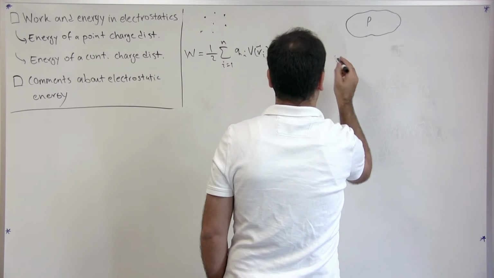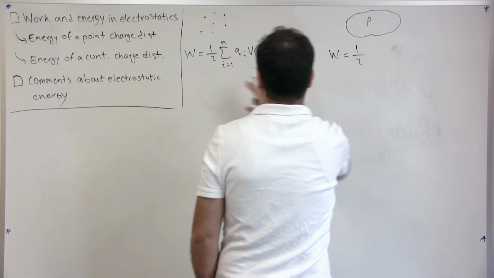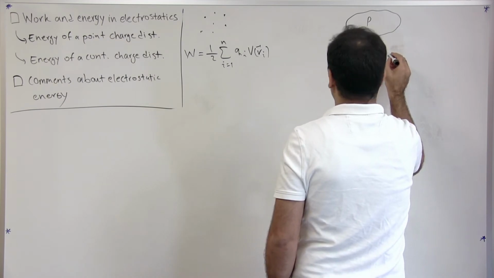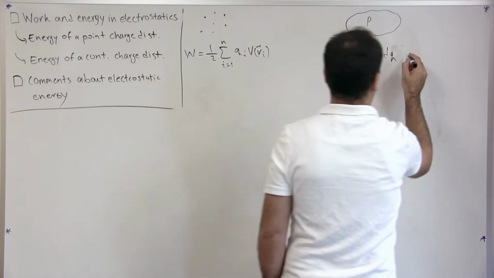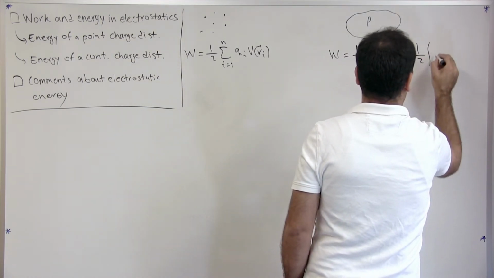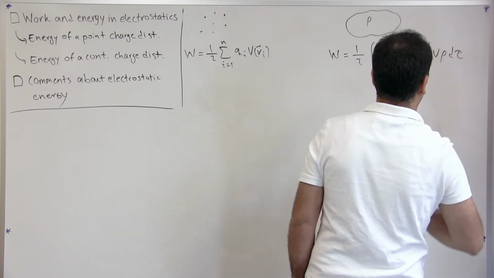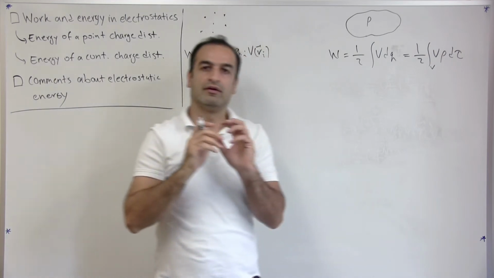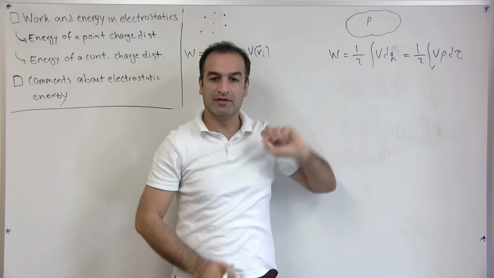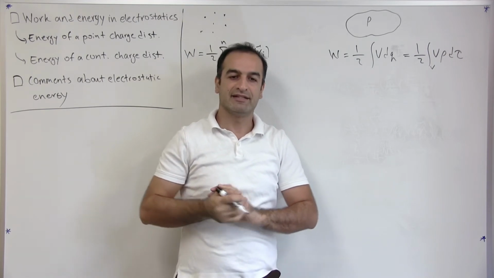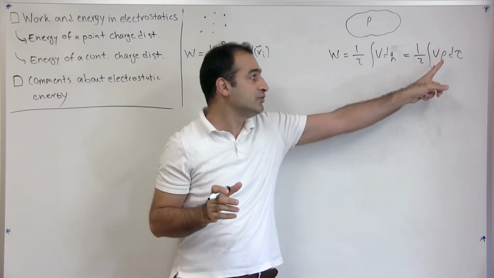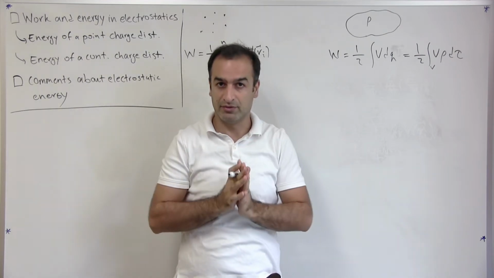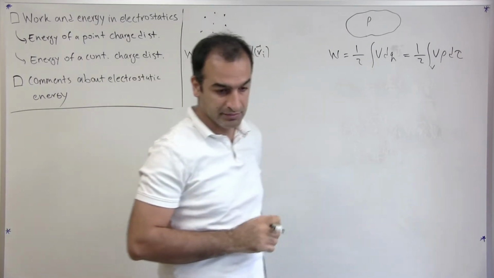Converting this to an integral for continuous charge, we get 1/2, of course, the integral of V dq, which in the case of volume charge density becomes 1/2 times the integral of V rho d tau. This integral runs over the volume of the charge density, but it's okay to increase it all the way to infinity, as we're going to discuss in a bit. If you extend the limit of the integral, you are only including areas where rho is 0, so it's okay to expand it all the way to infinity. This is for a continuous charge distribution.